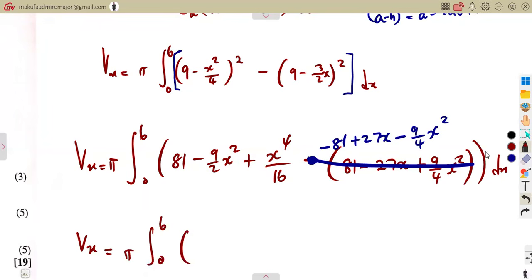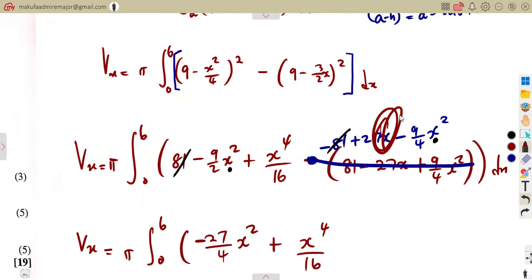So let's combine. The 81 cancels. We've got like terms here, x squared, so it's minus 9 over 4 x squared, minus 9 over 2 and minus 9 over 4. So that was going to be negative 27 over 4 x squared. There is x to the exponent of 6. This 16 here on its own, so it's going to be x to the exponent of 4 over 16.